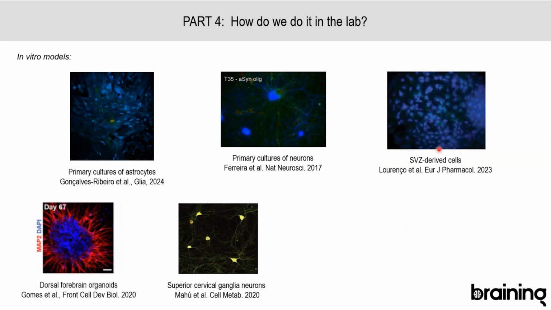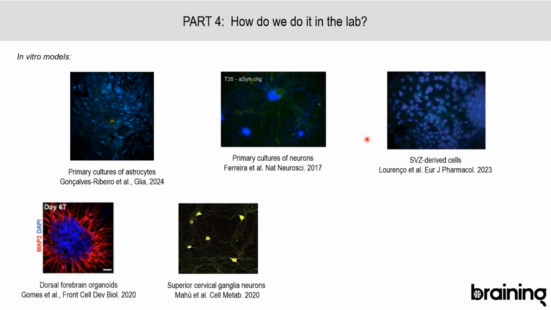So finally, how do we do it in the lab? Okay, and now I'm going to talk specifically about our lab. In our lab we have already made calcium signaling experiments in different types of cells, but we always use primary cultures or cell cultures.